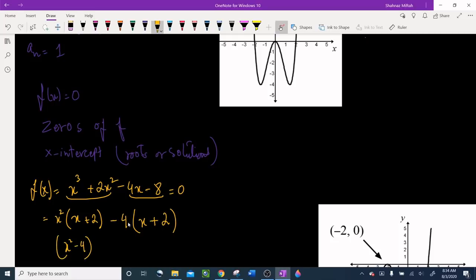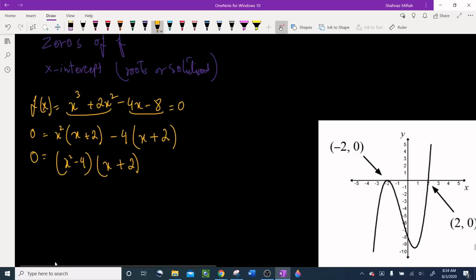We pick these 2 and then we have an x plus 2, just one of them. Now how do we find the zeros in this case? You're going to make this factor equal 0 and you're going to make this factor equal 0, because zeros means to find the x values, like x-intercepts.